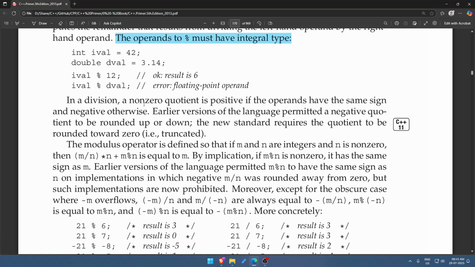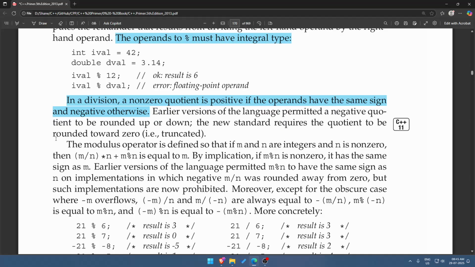In division, a non-zero quotient is positive if the operands have the same sign, and negative otherwise. Earlier versions of the language permitted a negative quotient to be rounded up or down.